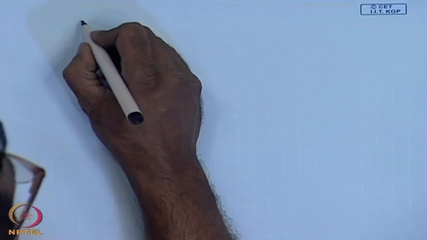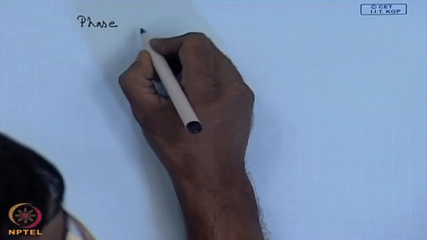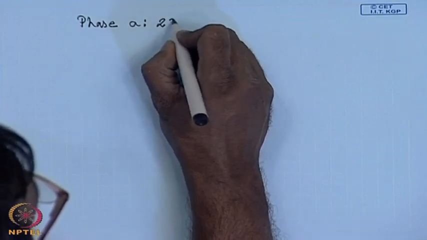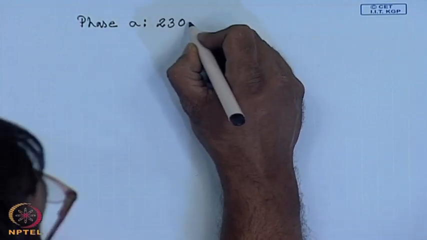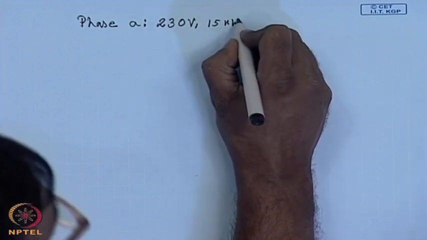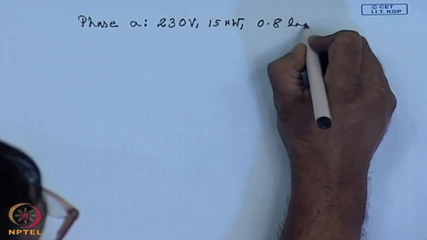The phase A load is 230 volt, 15 kilowatt at 0.8 lagging power factor.